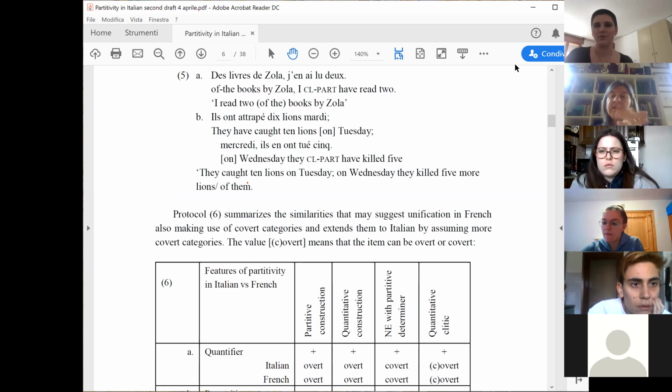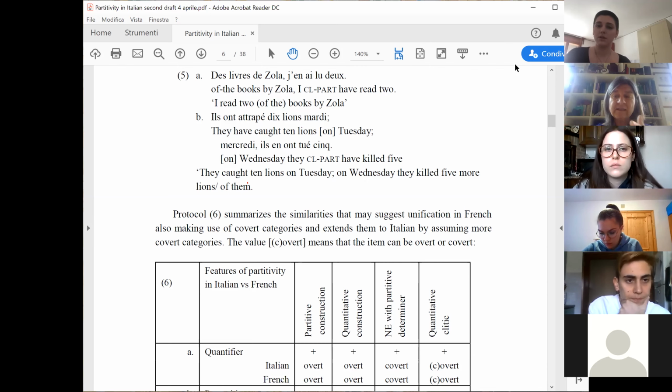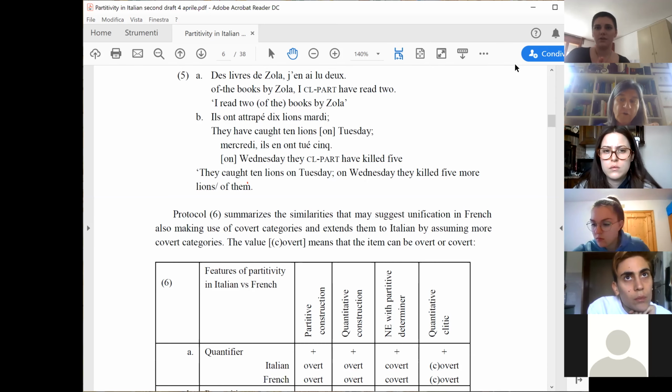No, 10 lions. Ja, 10 Löwen. It's just 10. The first line is certainly 10 Löwen. And then Mittwoch haben Sie 5 getötet. That is one possibility.